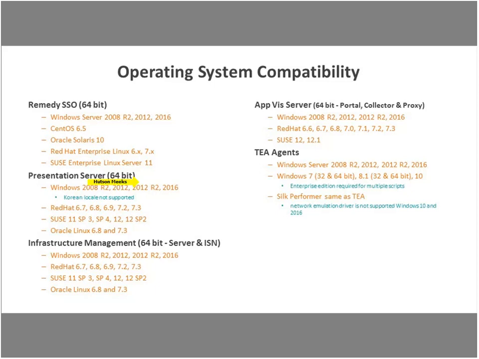You'll notice also that for a number of the components, we have dropped support for Red Hat 7.0 and Red Hat 7.1. So when you look at the presentation server here from a Red Hat perspective, you're going to see that 7.1 and 7.0 are no longer supported. And we added support for 6.9. We had a number of customers that needed 6.9 support, and we added that.